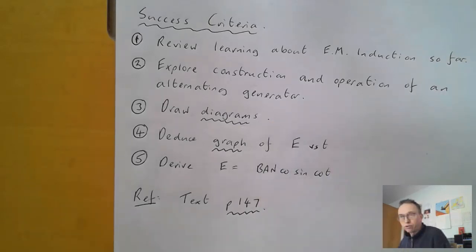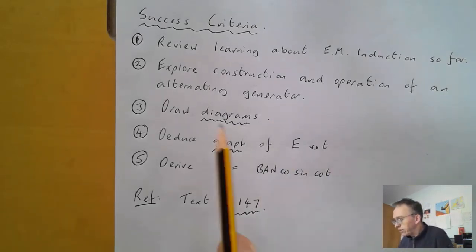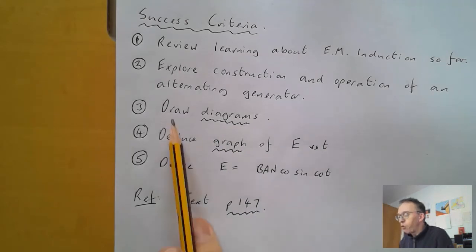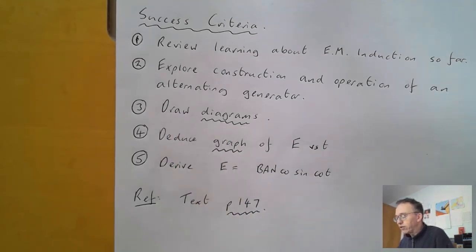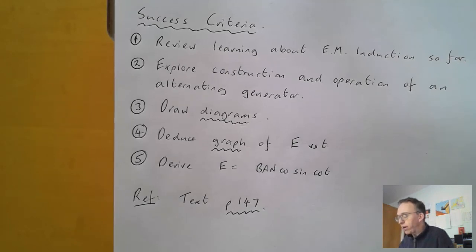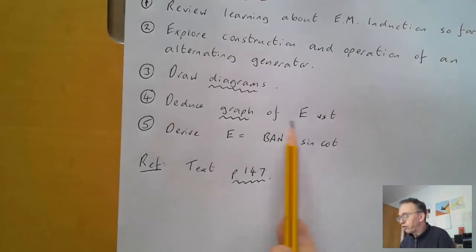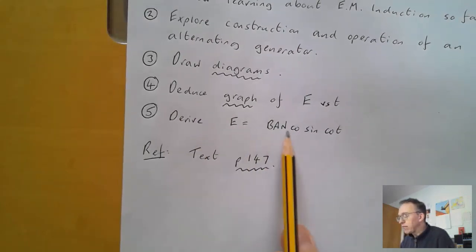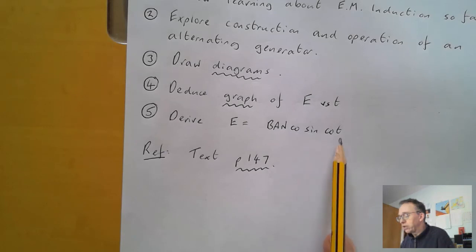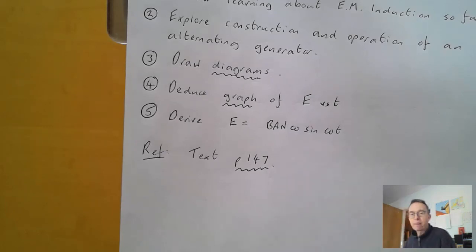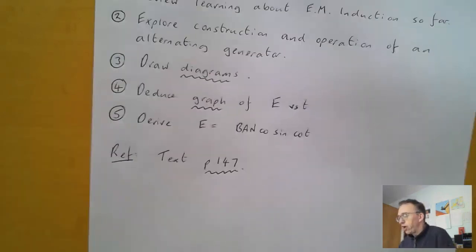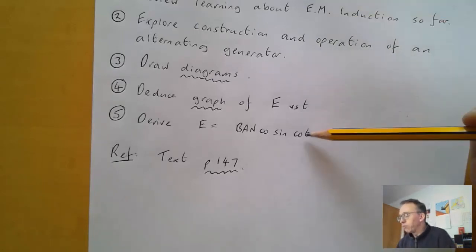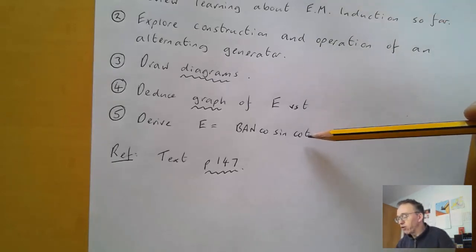Unfortunately, we can't look at the real thing, but these are the breaks. We've drawn some diagrams of the generator's construction, and we've also drawn some little diagrams to show how it operates. We've deduced the graph of E against t, and we've derived the equation E equals BAN omega sine omega t. Okay, that is pretty much what the book does and what your specification requires.